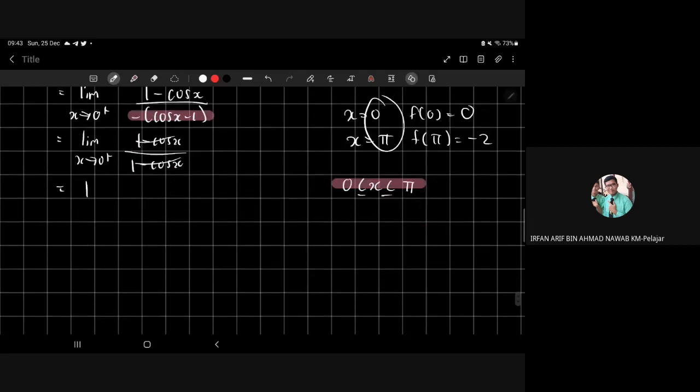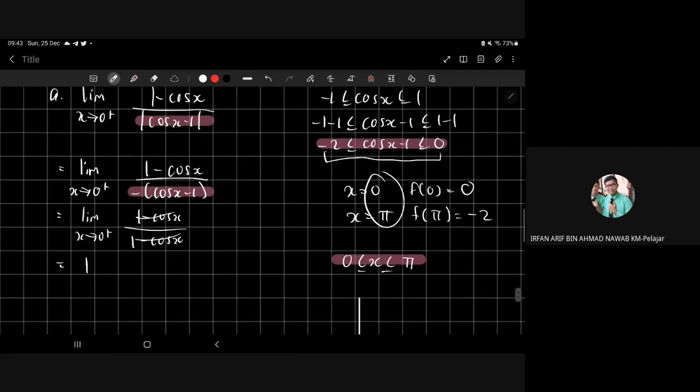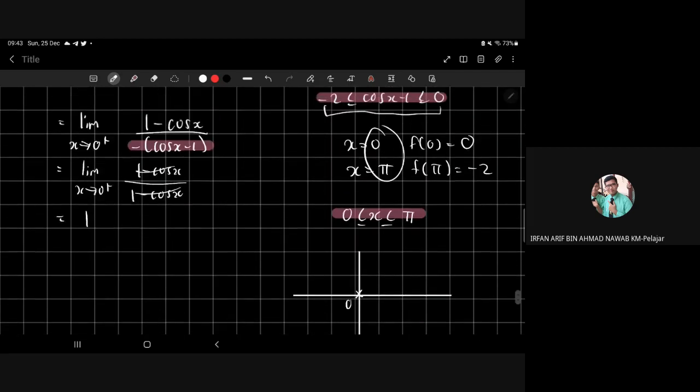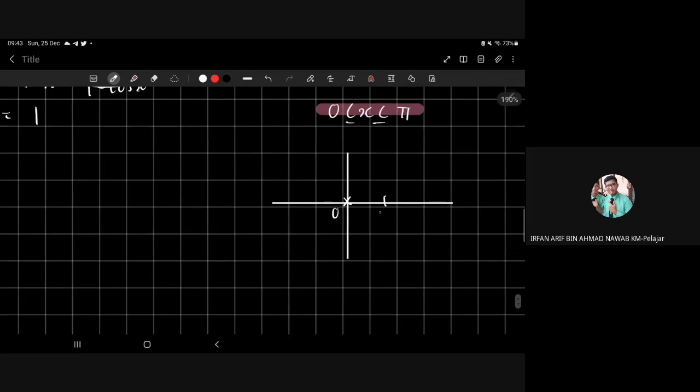So if I write my function here, then when x is 0, it's 0. So 0, 0. When it's pi, it's -2. Sorry, positive pi. If it's negative pi, then it's -2 as well. So here it is, like this.